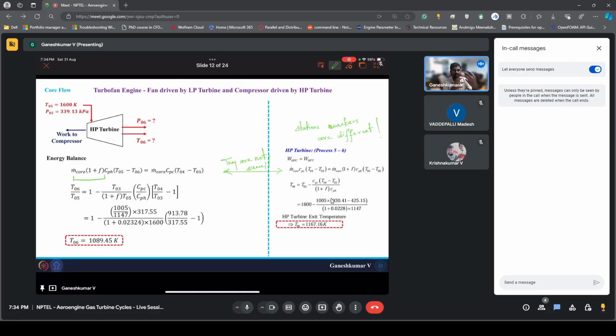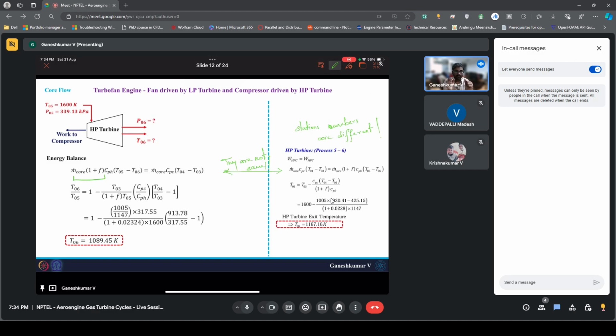So from 1600 Kelvin, it has to go through a lot of reduction in temperature to supply enough work to the compressor, because the compressor has to compress to a pressure ratio of 29.43, whereas before it had to compress only 12.